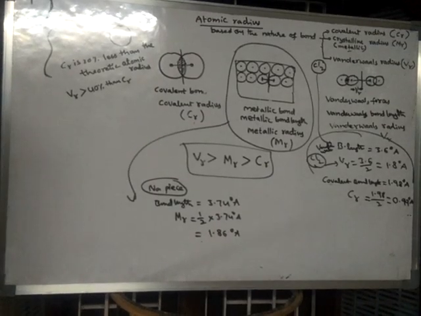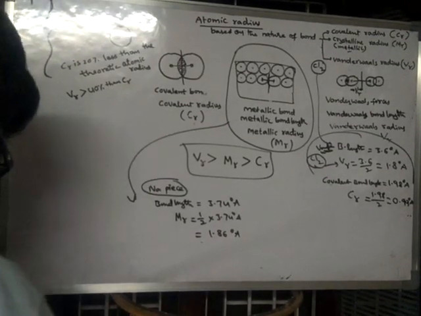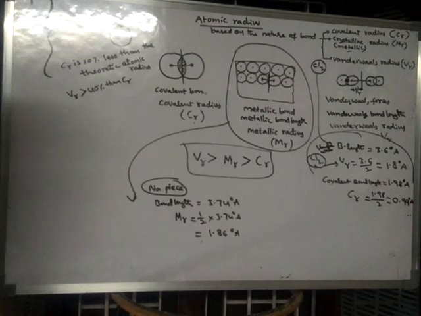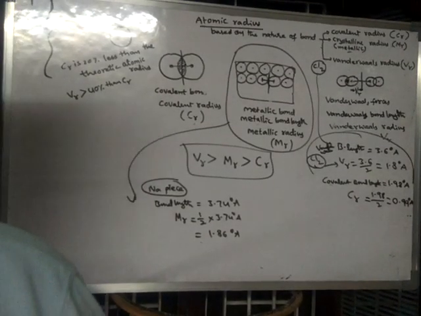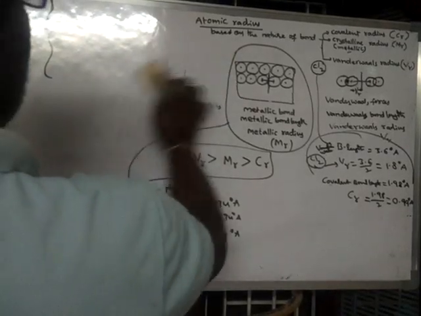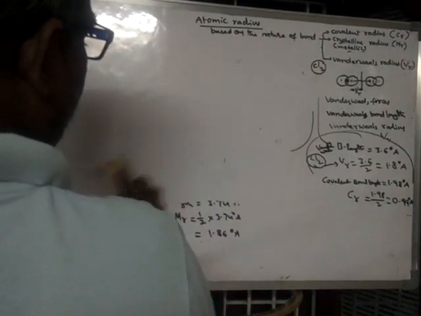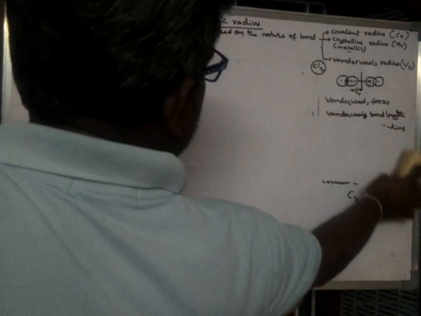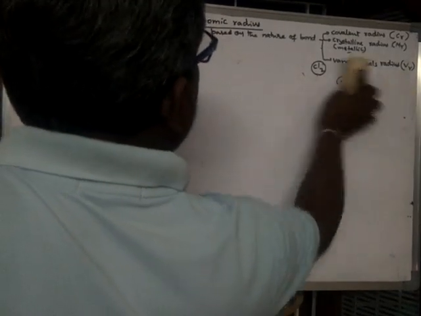Right. Now let us learn how the atomic radius varies along a group and in a period.